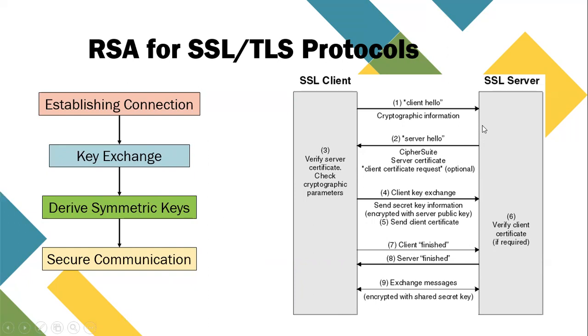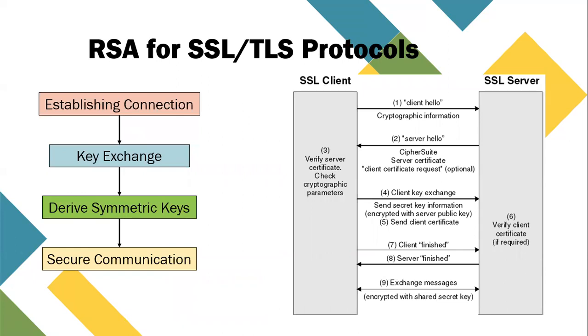After the connection has been established, the server will send a server certificate to the client, and this certificate will also have the server's public key. Now the client will first verify the server certificate and check the cryptographic parameters.